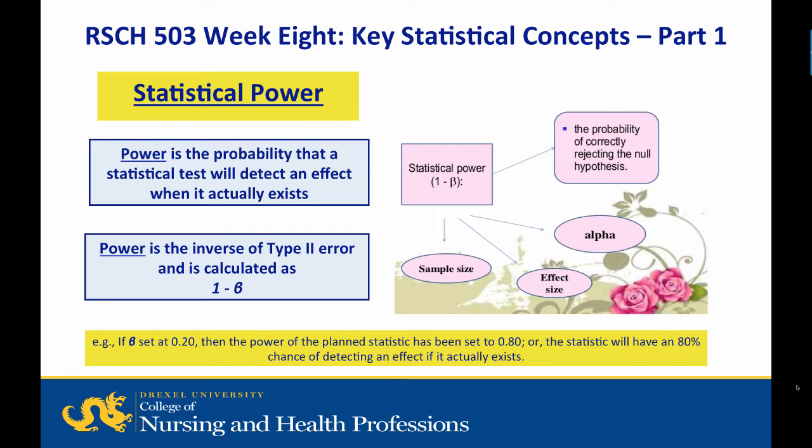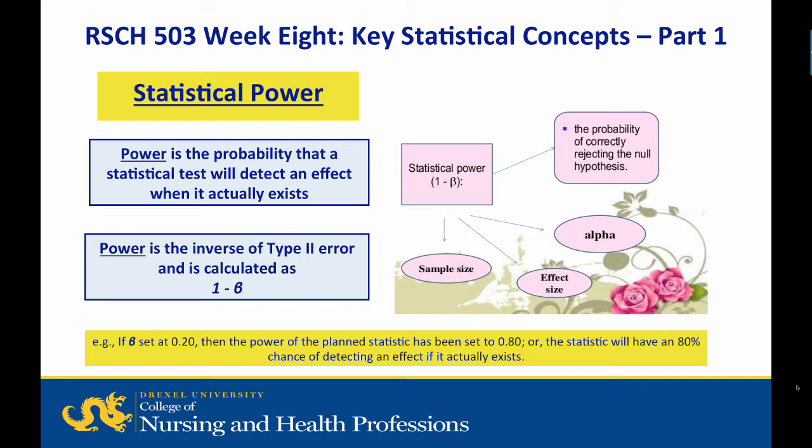What is power? How is power defined in statistics? The power of a statistical test of some hypotheses is defined as the probability of correctly rejecting the null hypothesis. Or consider power as the probability that a statistical test will detect an effect when it actually exists. Recall that effect size is the degree to which the phenomenon of interest is present in the population, or the degree to which the null hypothesis is false.